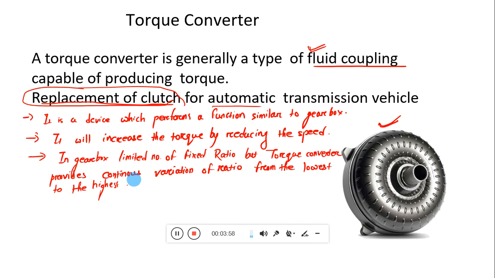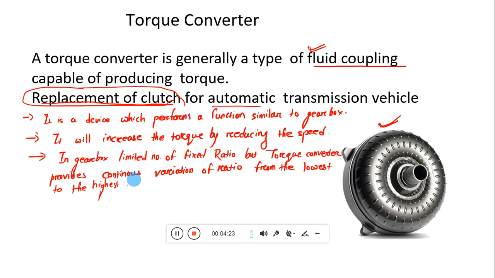A torque converter is designed to obtain mechanical advantage or gear ratio by hydraulic means, in the same manner as gears do by mechanical means.